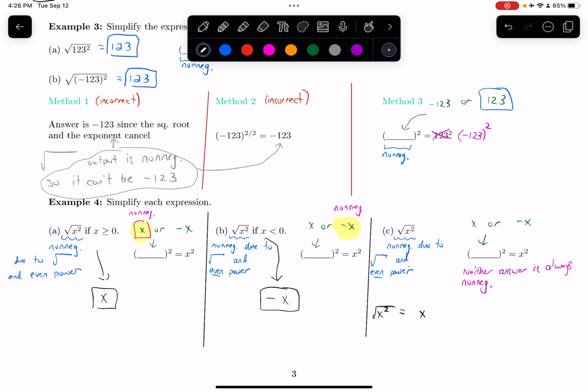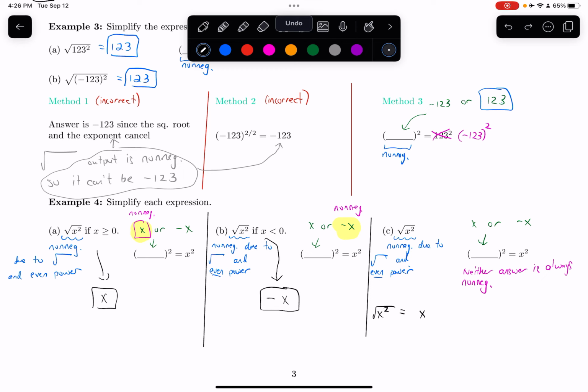I know that's not always right because there's stuff I can plug into the x that makes it negative, like -3. But if I plug it into this one, it won't be. Like if I plug in -3 here, the square is going to turn it into a positive, and that makes them different. Okay, but if I were to plug in positive numbers into both of them, they're fine. They're going to be equal.